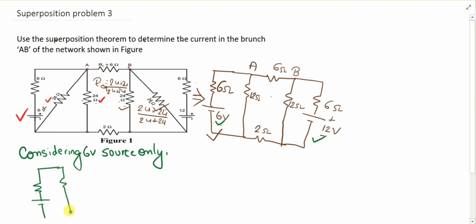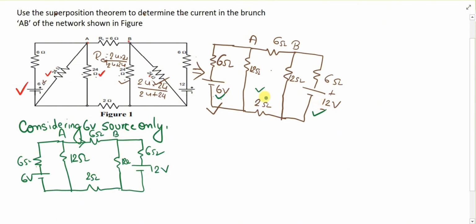So it is 12 ohm. This one was 6 ohm, and it is 6 volt. This one was 12. Now the main circuit is this. Since there are two sources, 6 volt and 12 volt, and you are considering 6 volt only, you have to short circuit the 12 volt.